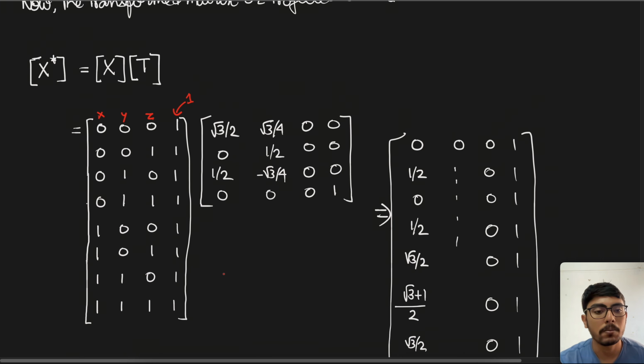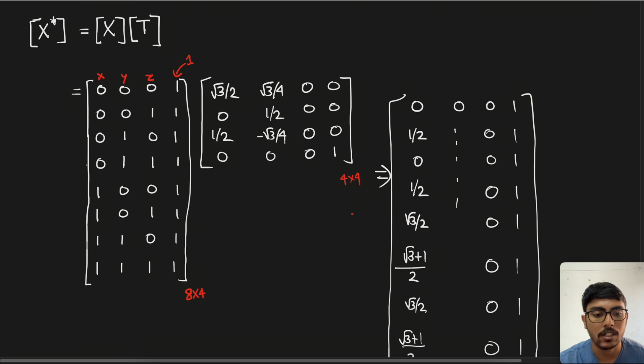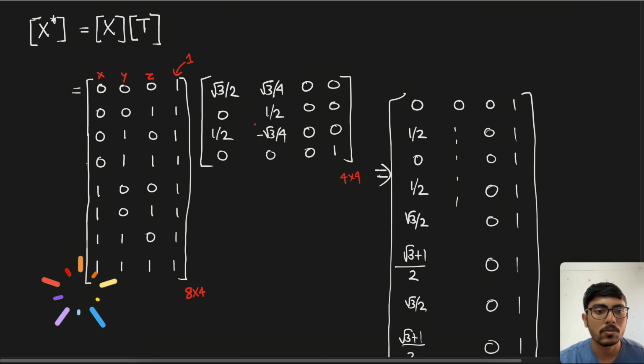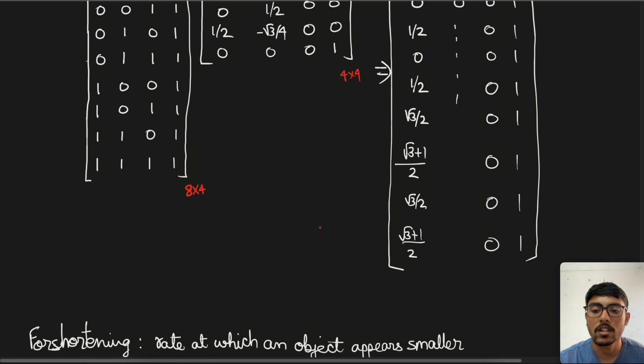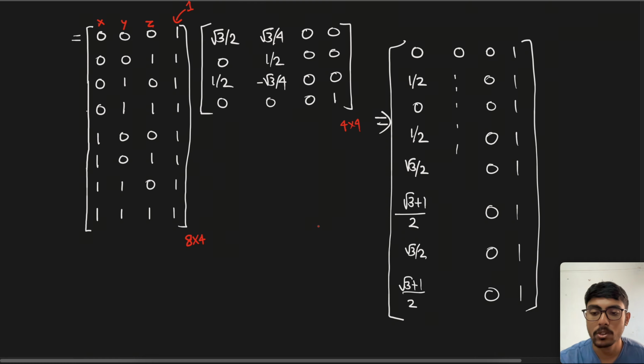When we multiply, you see it is an 8 cross 4 matrix, and this is a 4 cross 4 matrix, so the resultant will again be 8 cross 4. We will simply do the matrix multiplication and find this particular matrix, which is the transformed matrix after the trimetric projection. I have not done the calculation for the second row, but it's quite easy, you can do it. So that's the trimetric projection part.